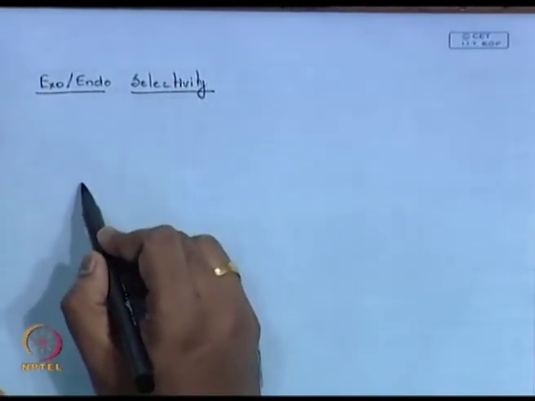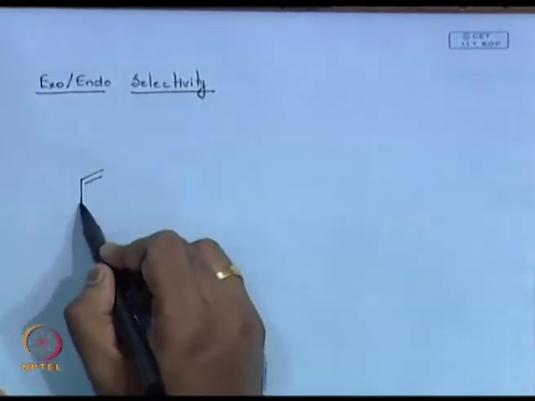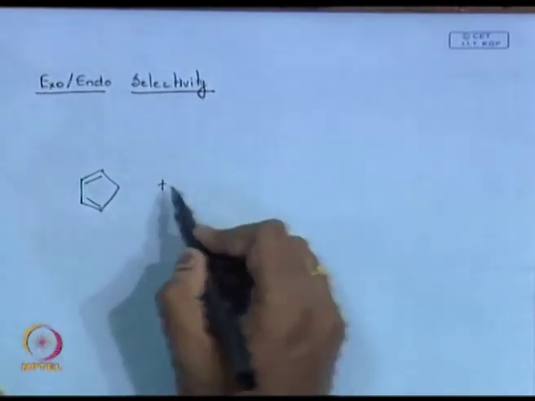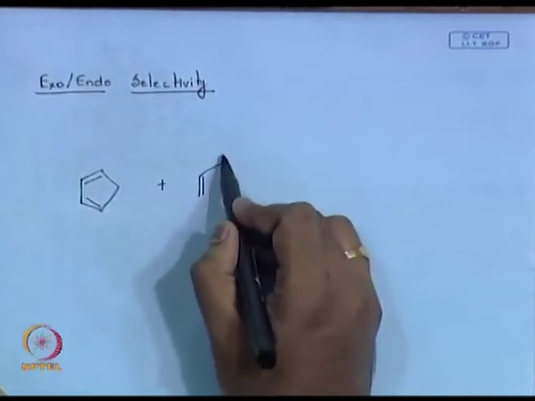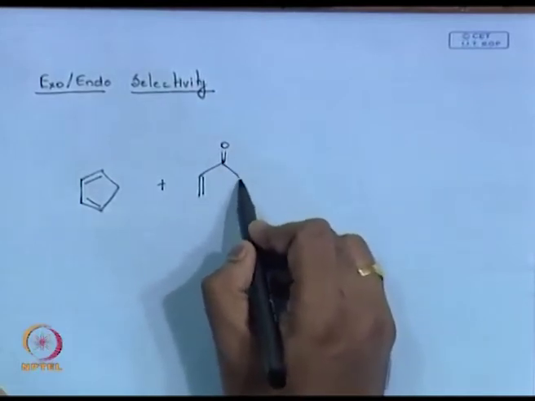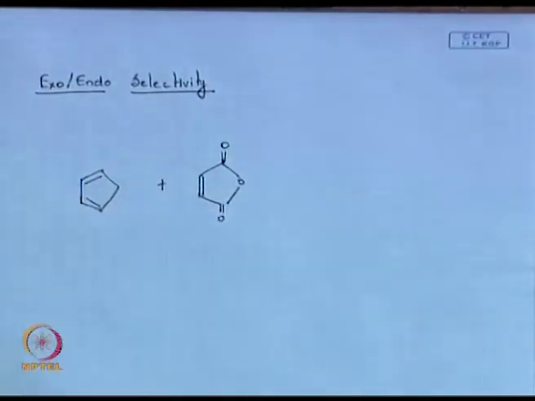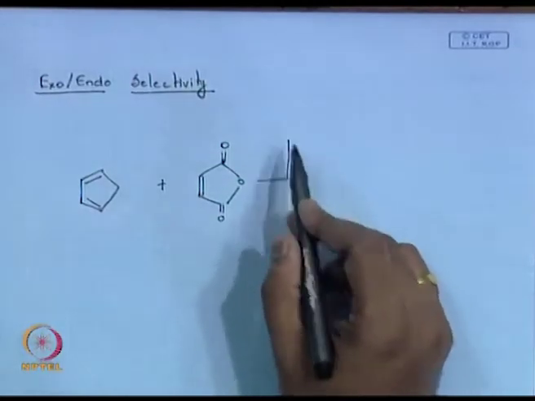So, I can take the same way cyclopentadiene and treat it with your anhydride, right. I can think of writing two products.